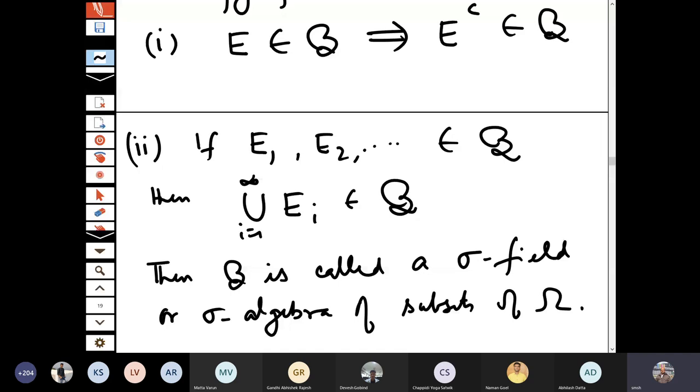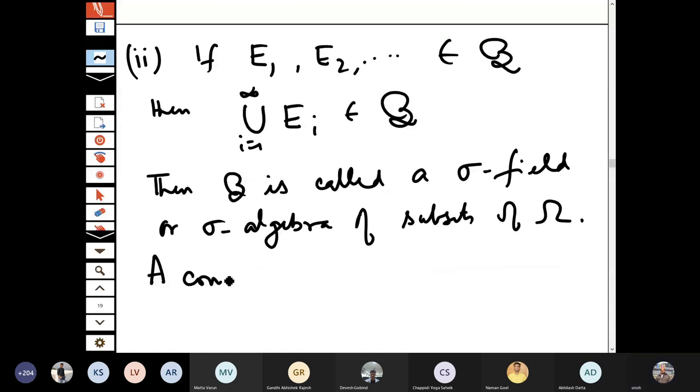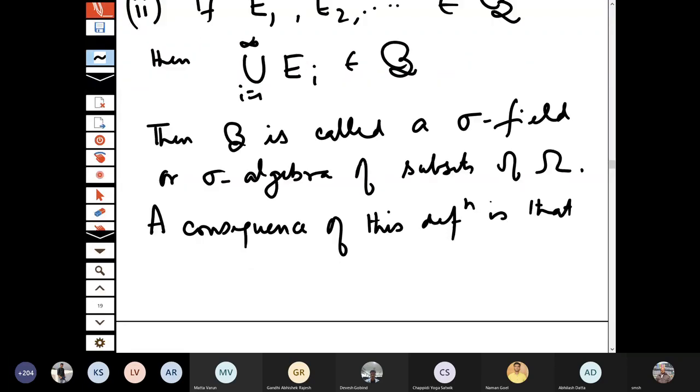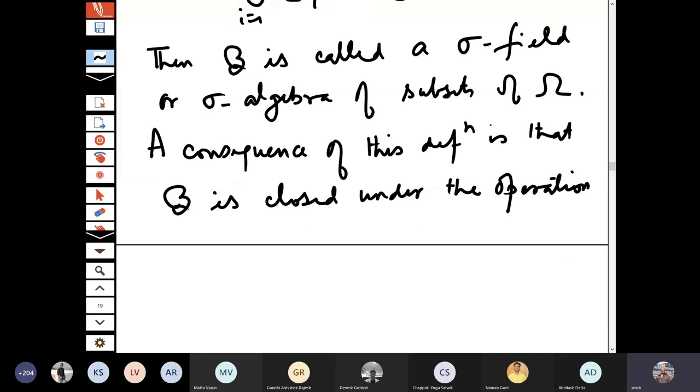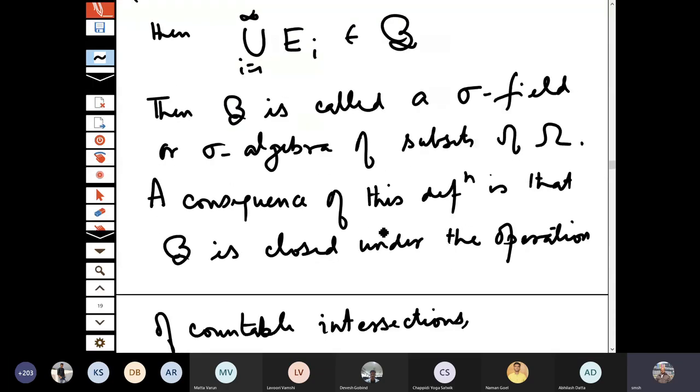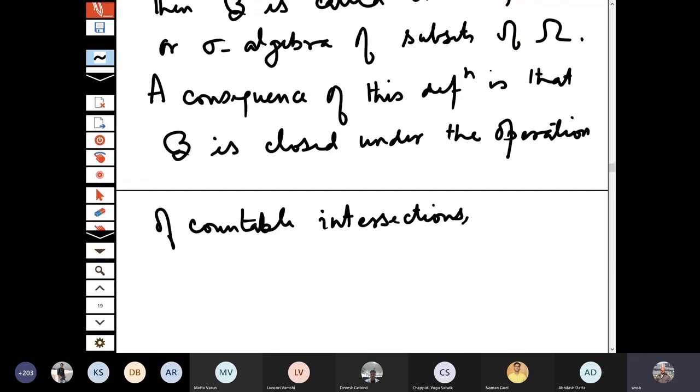A consequence of this definition is that B is closed under the operation of countable intersections, and of course it is already closed under unions, under complementations, under differences, and so on.